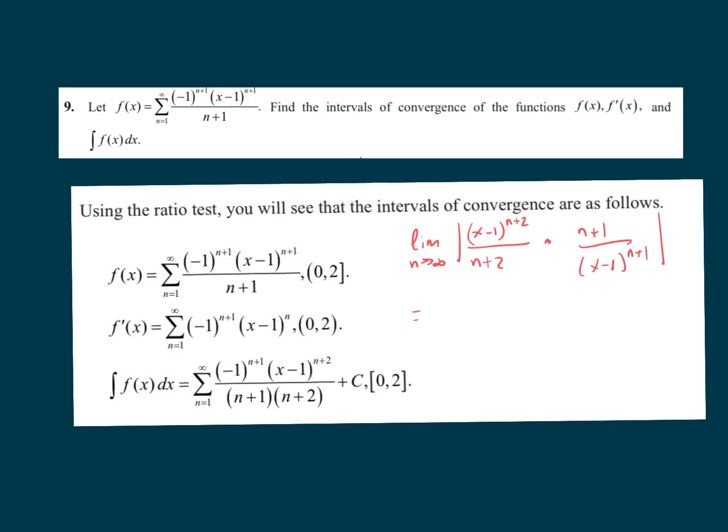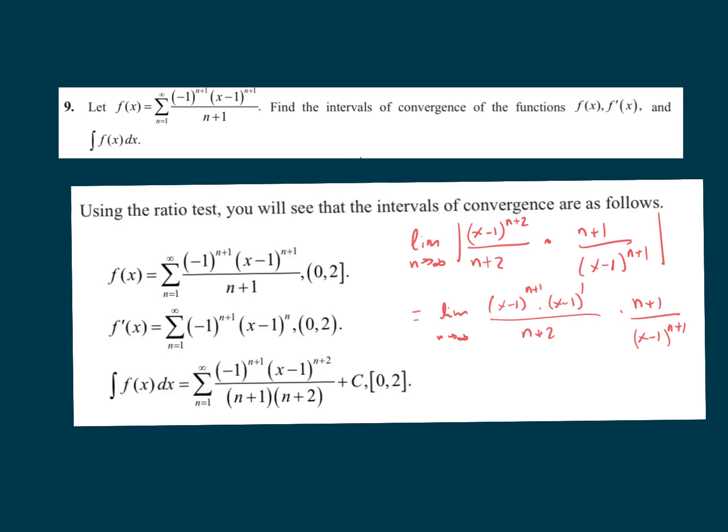So this will be the limit when n goes to infinity of (x-1)^(n+2), which is (x-1)^(n+1) multiplied by (x-1) raised to the 1, divided by n+2, multiplied by n+1, divided by (x-1)^(n+1).